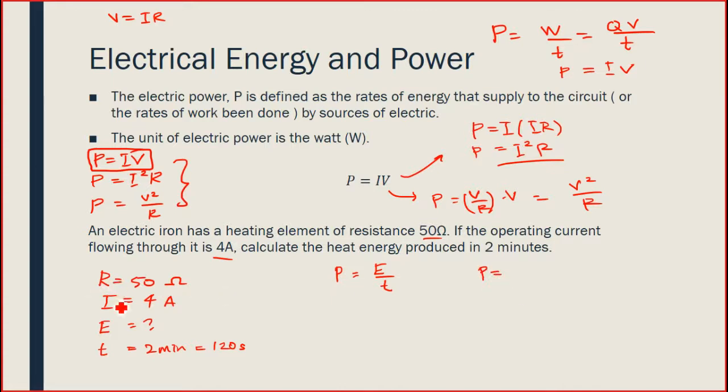Now we have the R and we have the I, so you can use one of the equations. I will just use I squared R. So I squared is 4 squared multiplied with R. R is 50. 4 squared is 16 multiplied with 50. This is 800.